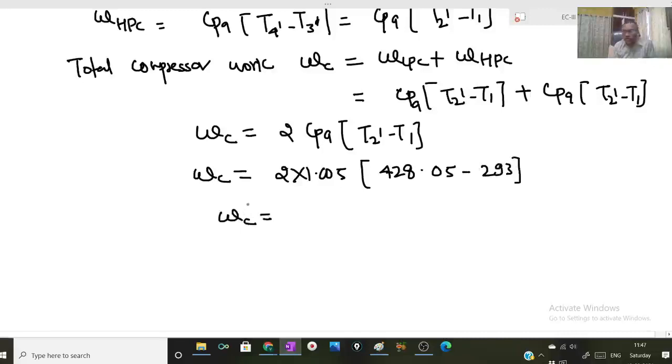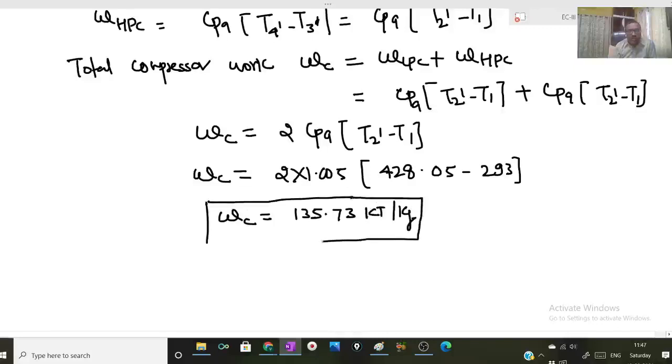So compressor work I will get as 135.73 kilojoule per kg. This is the total work input to both the compressors. Okay.